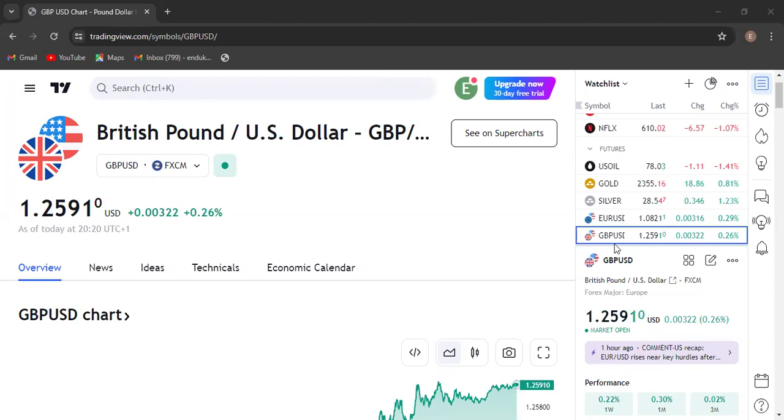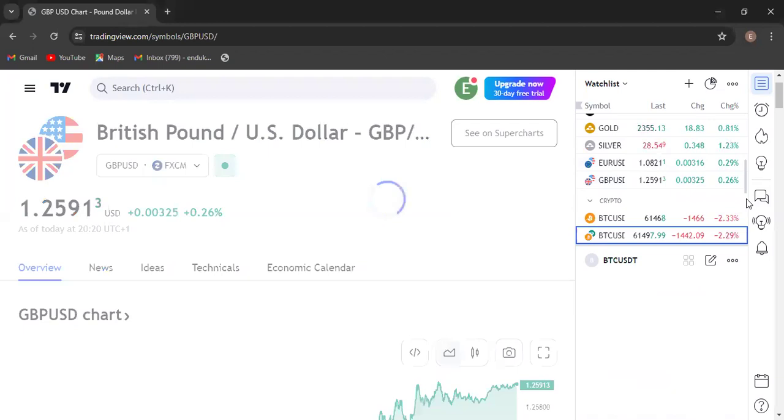So this part, if you are seeing my cursor, you can see US oil, gold, silver, EUR/USD, GBP/USD. These are the pairs I added to my TradingView watch list. So we are looking at how to navigate TradingView.